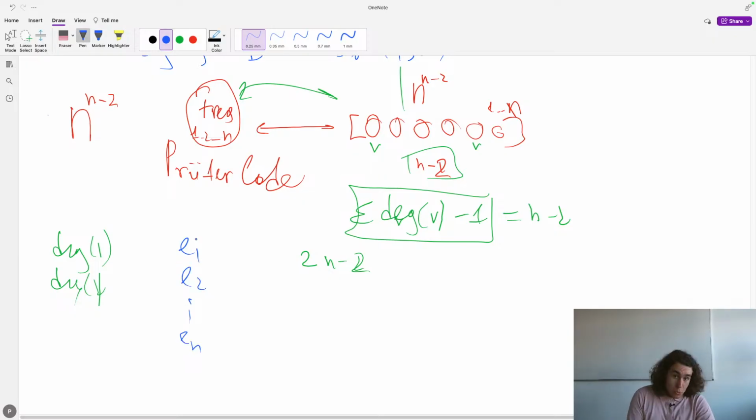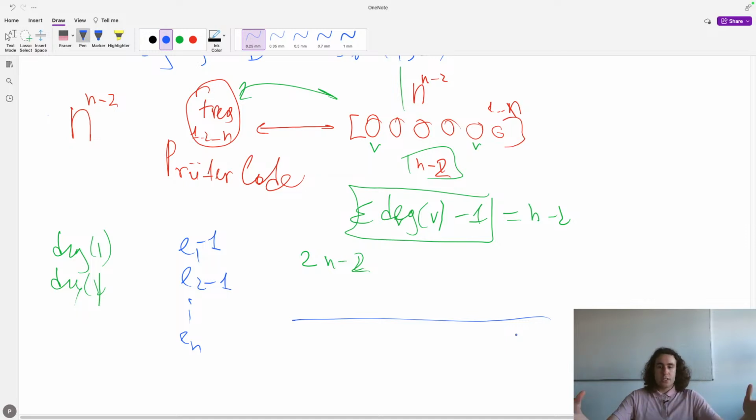So the number 1 should appear in this sequence E1 minus 1 times. The number 2 should appear E2 minus 1 times, and so on. How many such vectors exist? Well, this is the definition of a multinomial coefficient, right? Basically, you write them in a sorted order. Then there are n minus 2 factorial options of how we can permute them. But then we count it multiple times, right?